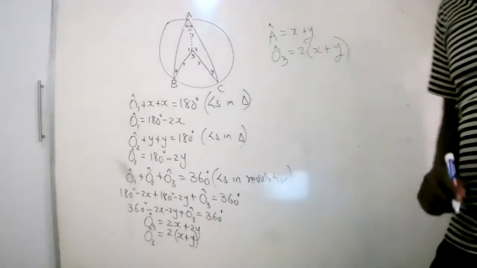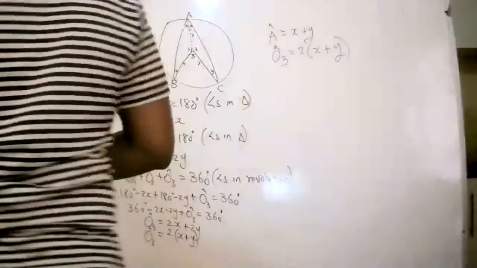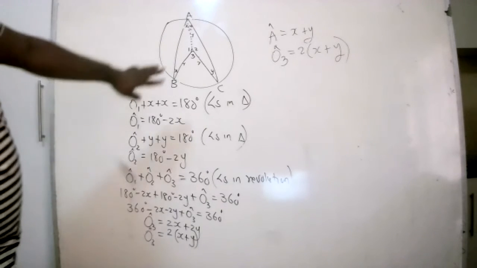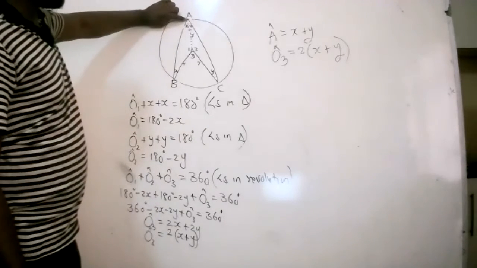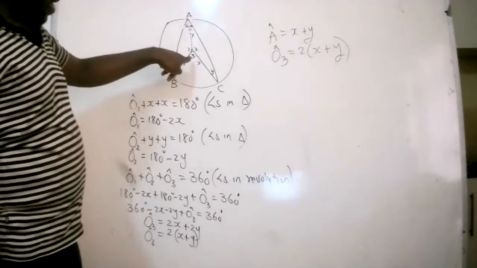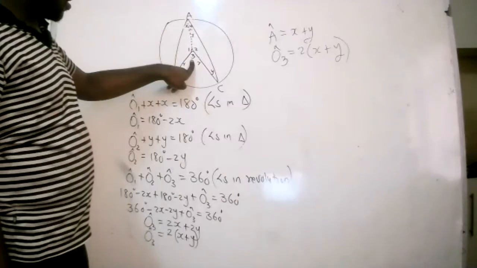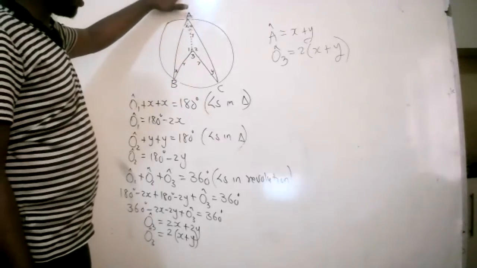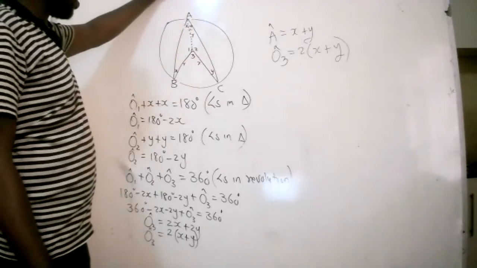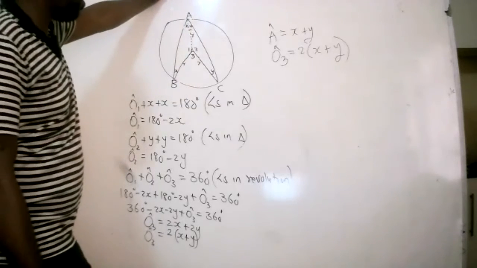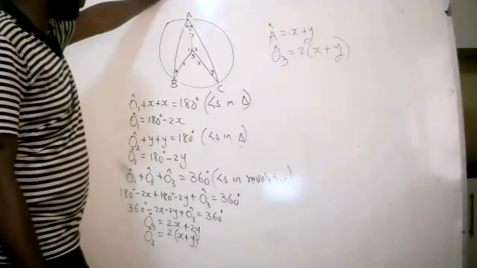What does that tell you? Equal angles. So the angle at the center is twice the angle at the circumference. Do you see that?